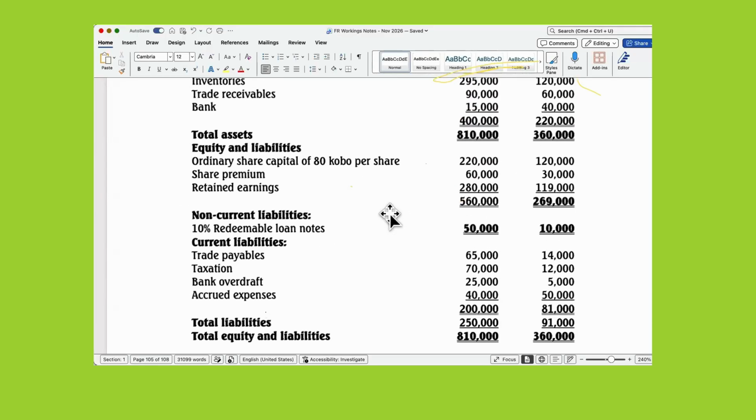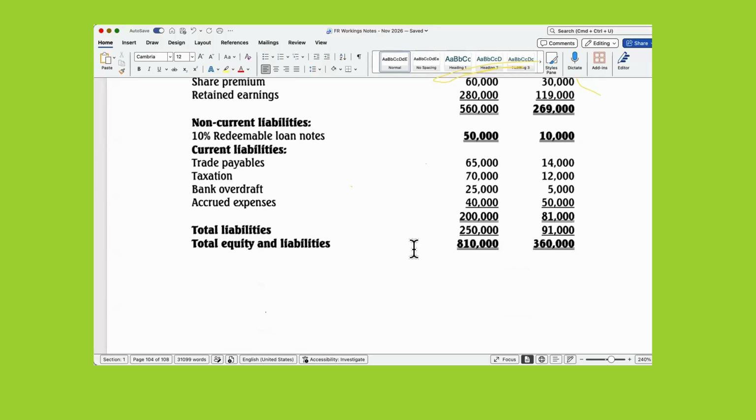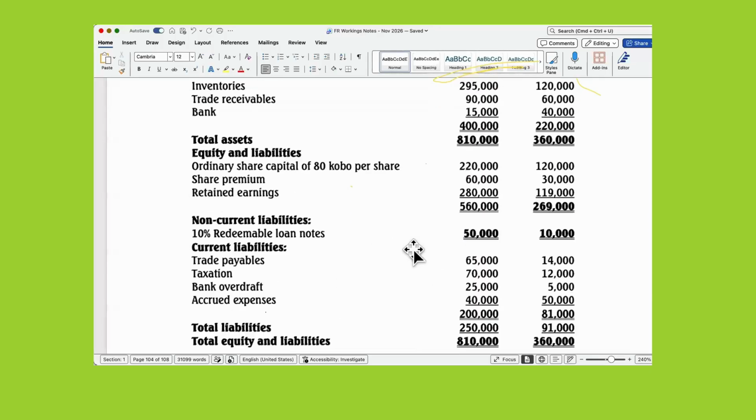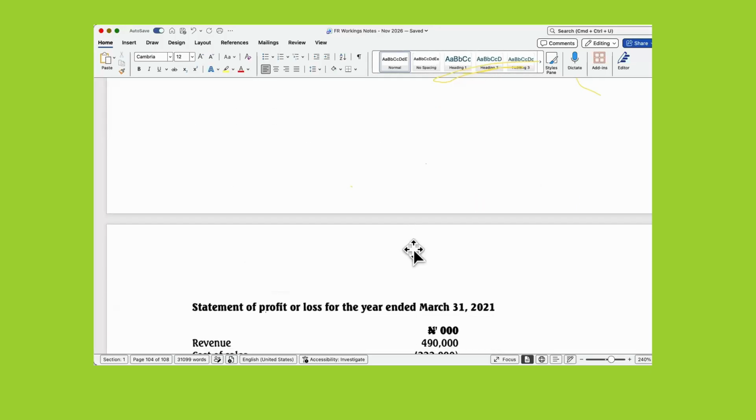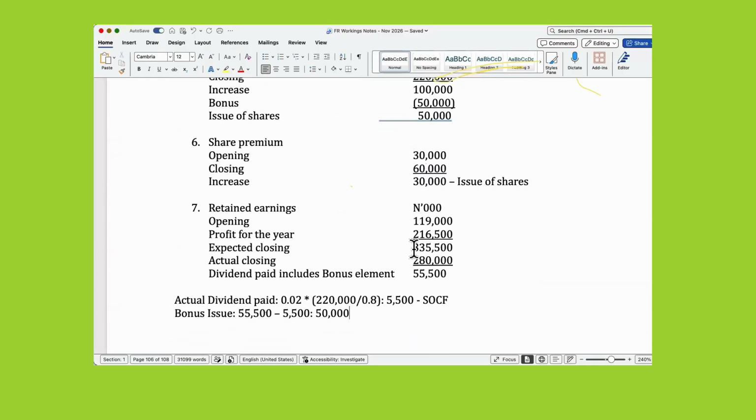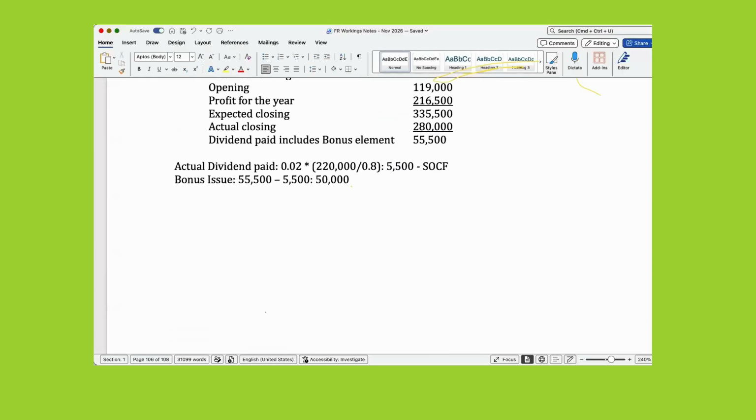So this increase in loan notes of 40 goes to the statement of cash flows.